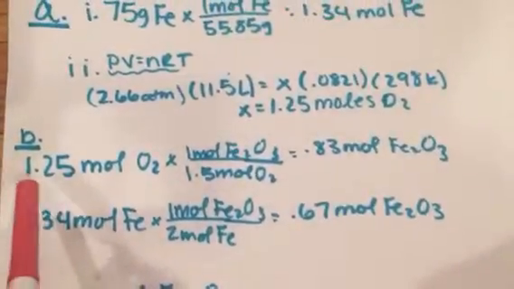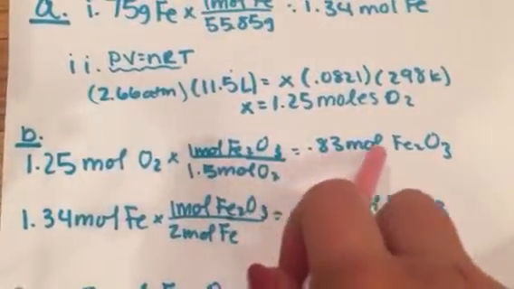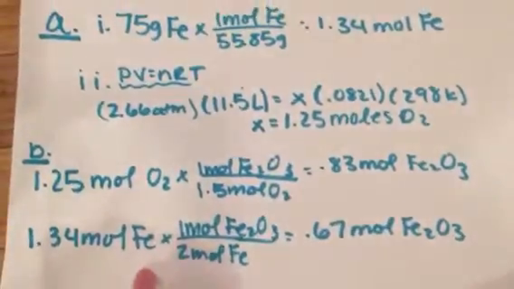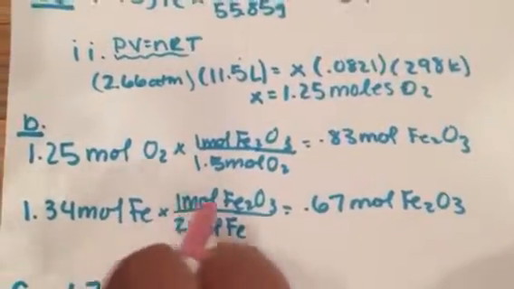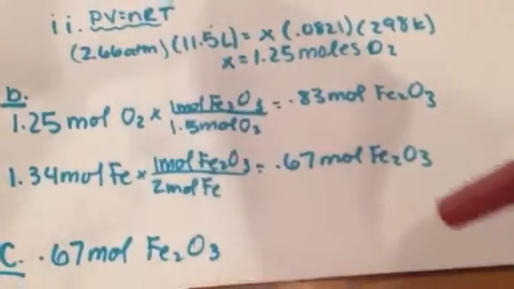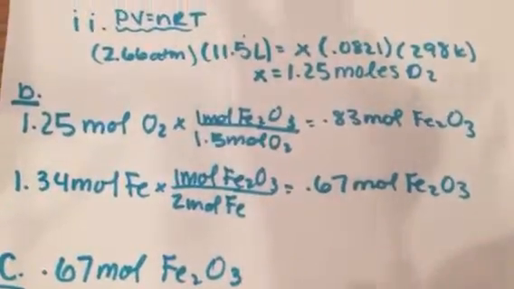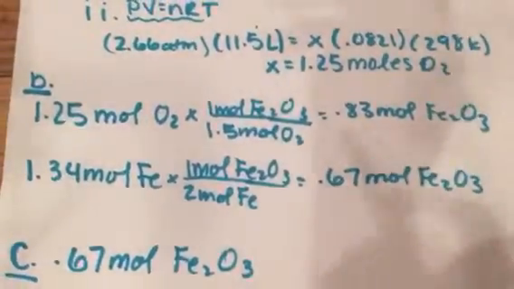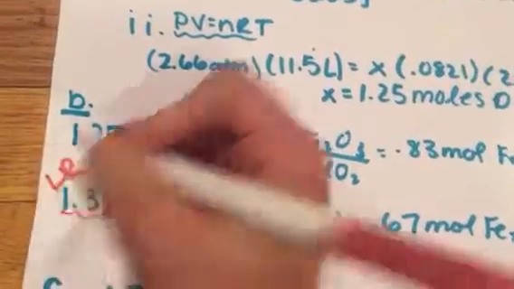So we're going to use 1.25 moles of O2, mole to mole ratio, it's going to give us 0.83 moles of Fe2O3. We're going to do the same thing for iron. We use 1.34 moles of iron, mole to mole ratio, it's going to give us 0.67 moles of Fe2O3. So our limiting reactant, because this one is smaller, turns out to be this one, so it's our limiting reactant.